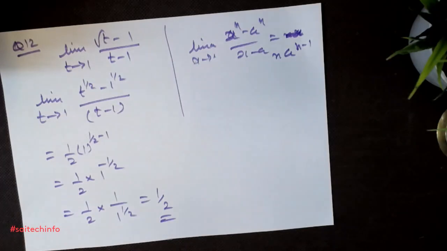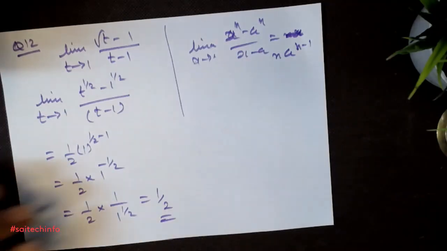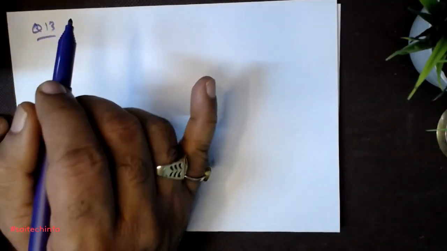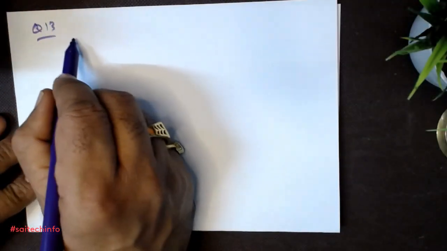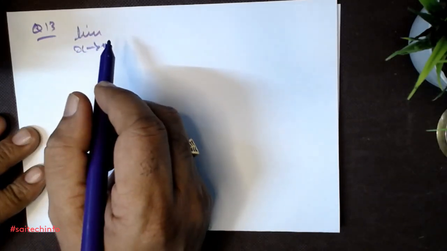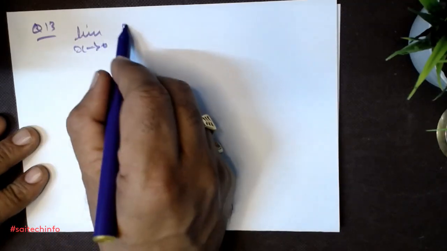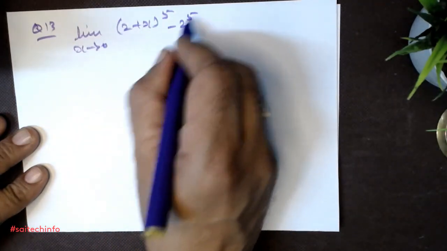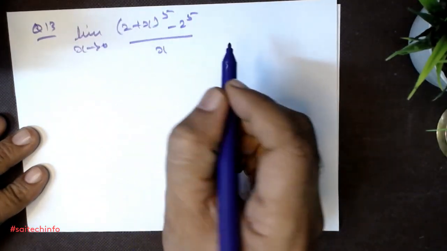Okay. Next. Calculate limit x tends to 0, 2 plus x whole power 5 minus 2 power 5 divided by x.